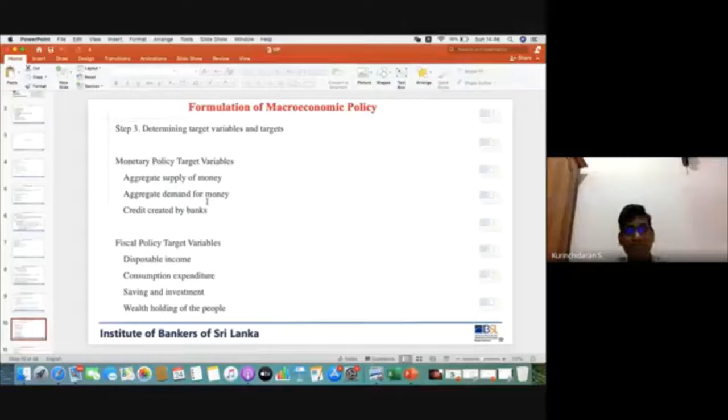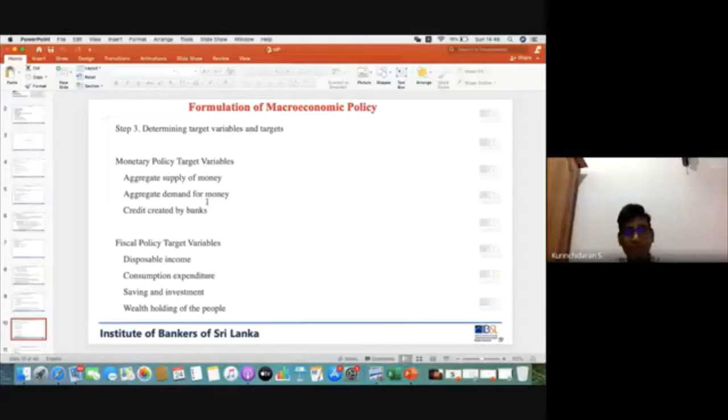Then we have to decide target variables and targets. If you are going to use monetary policy, we normally have target variables. It can be aggregate supply of money, aggregate demand for money, or credit created by banks, right? Those may be the target variables.